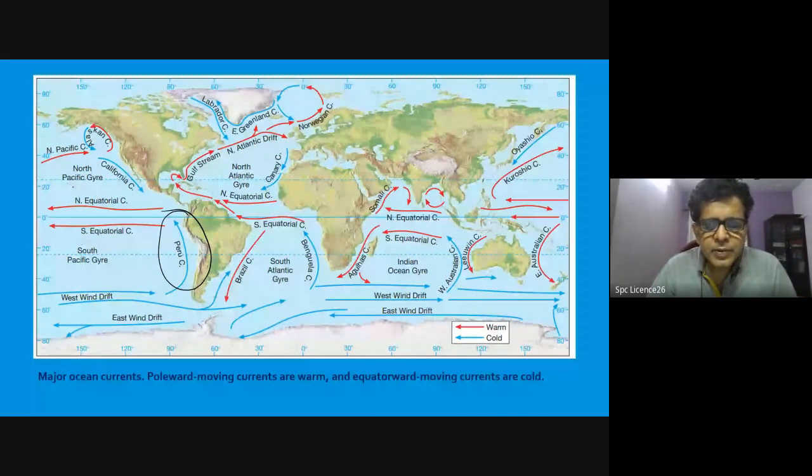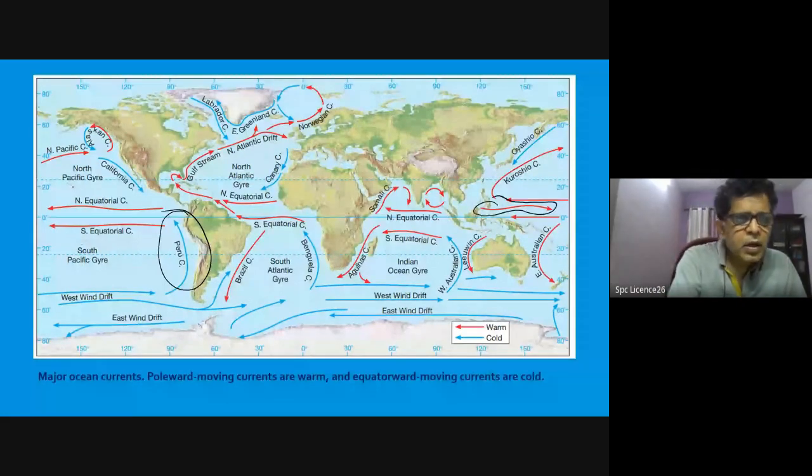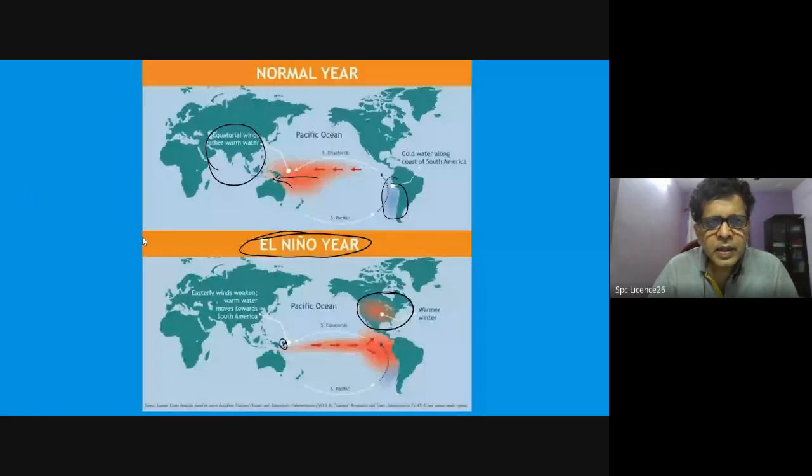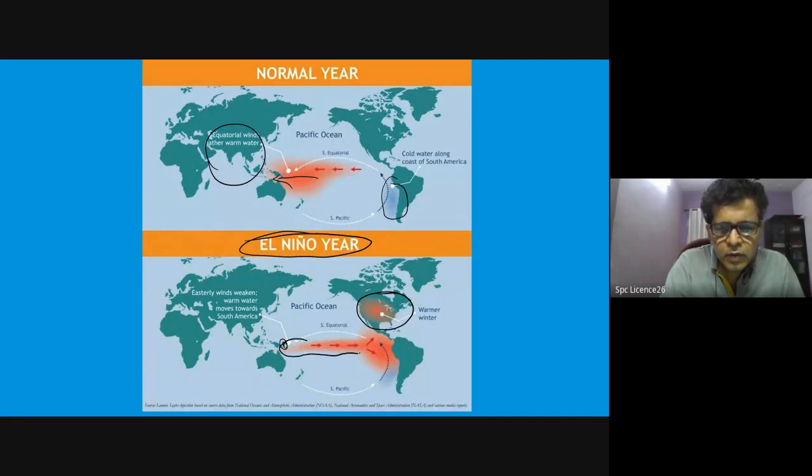What happens at times is that this warm counter equatorial current pushes its way through these two currents and occupies this space here. The year that it occupies this particular space is called an El Nino year. You can see here what has happened. The counter equatorial current has moved all the way here and it is pushing its way here.